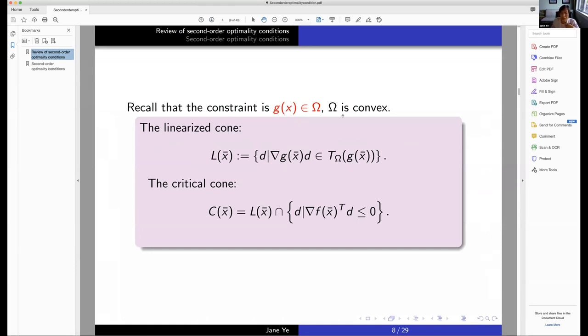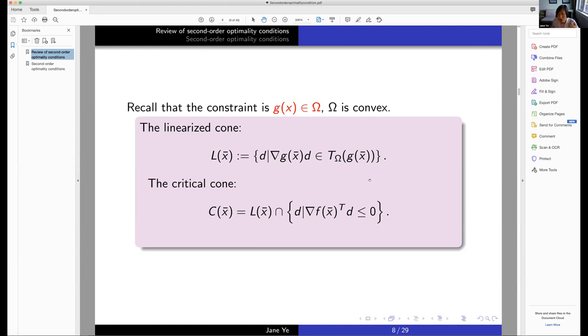If you have a big set, a big omega bar, then there will be a connection of its tangent cone with this, which is like a linearization of the tangent cone of the set you describe.